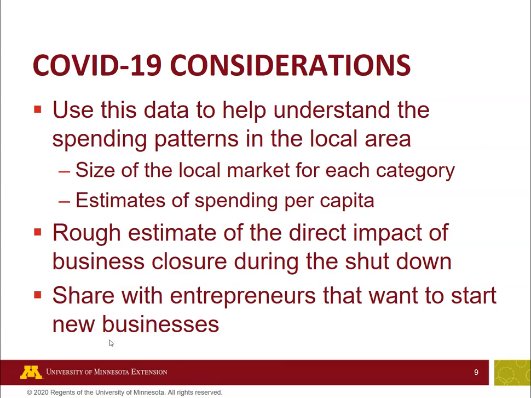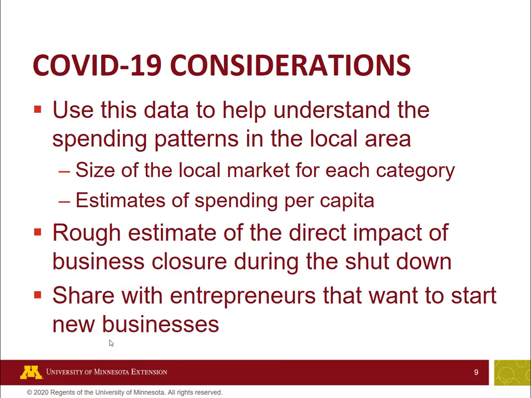So I just thought I'd mention a few things on how we might use the data that's been gathered here and the work that's been done here to support what we hope will be a speedy and robust recovery. One idea is that you could use this data to help you understand the spending patterns in the local area. So the spending patterns in Cold Spring give you some estimate of the size of the local market for each category.